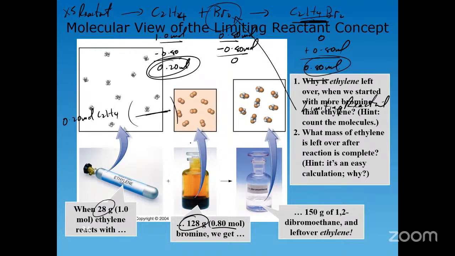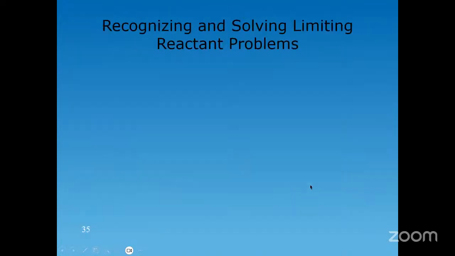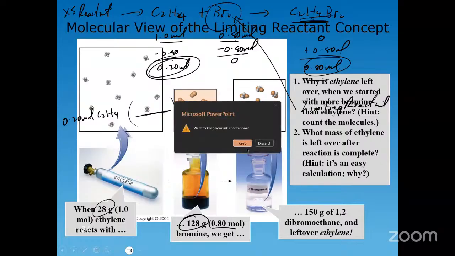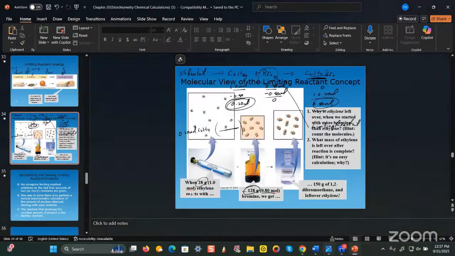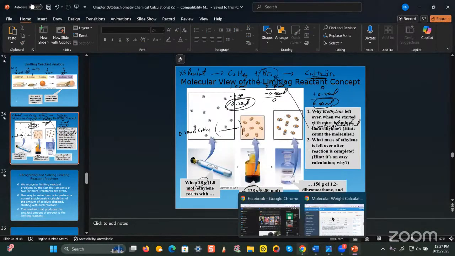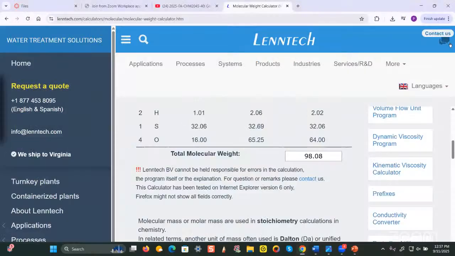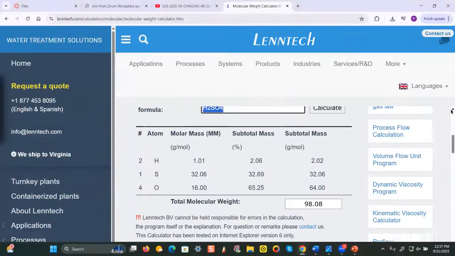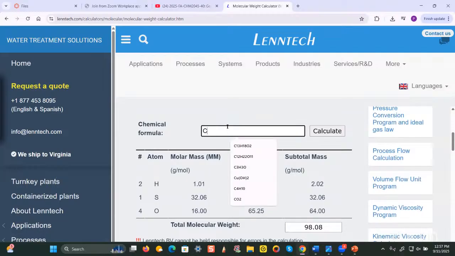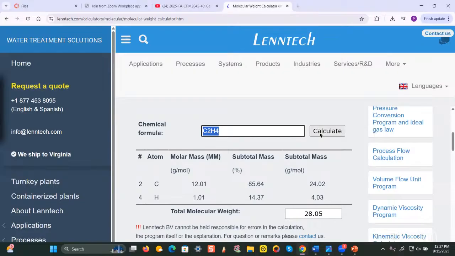Yes. All right, so again, I'm feeling lazy today, so I'm going to go back to the calculator. So in this case here, C2H4, 28.05.